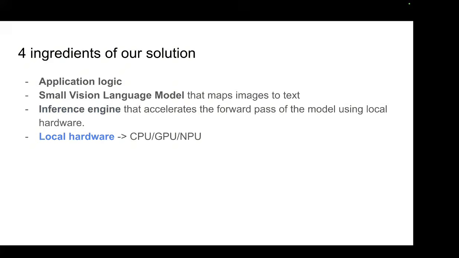And then the fourth ingredient is the local hardware. In this example, we're going to use WebGPU, which, as the name suggests, requires you to have a GPU, but it's not as bad as it sounds. When I say GPU, it can be NVIDIA, it can be AMD, it can be Metal; I'm using a MacBook, so mine is Metal. So it offers more compatibility than just the classic NVIDIA GPUs.